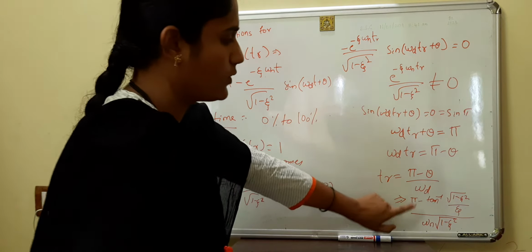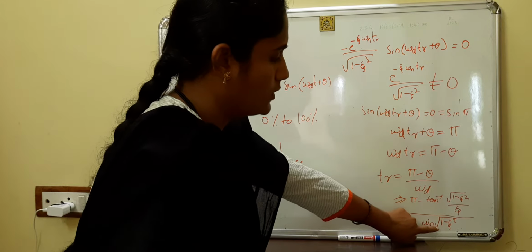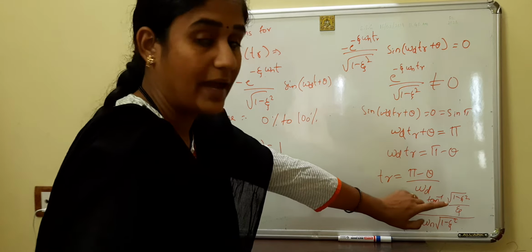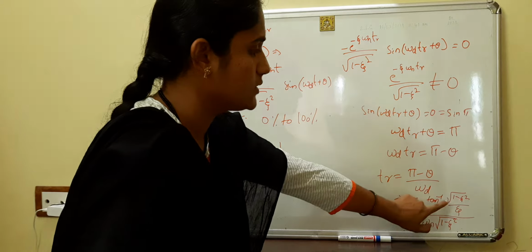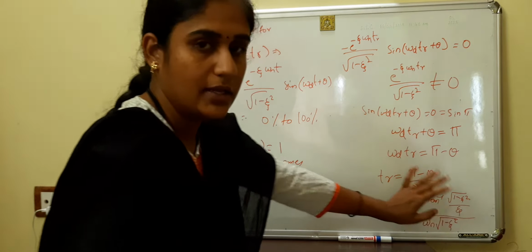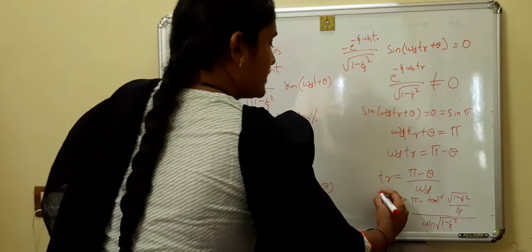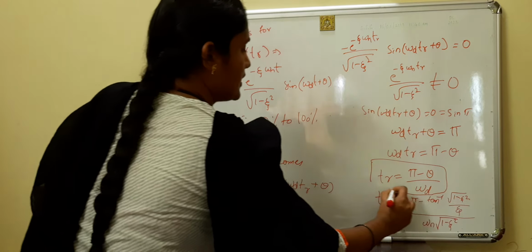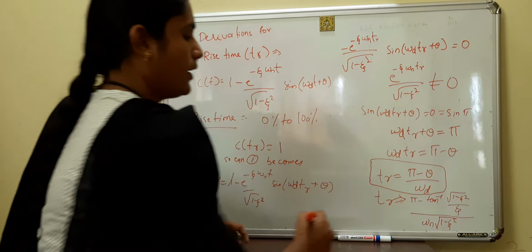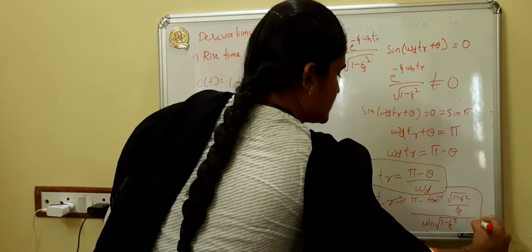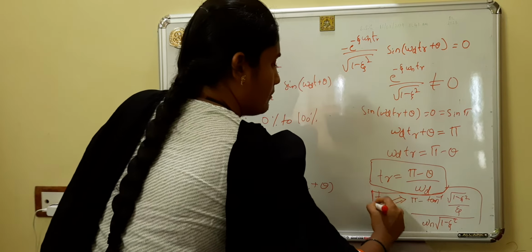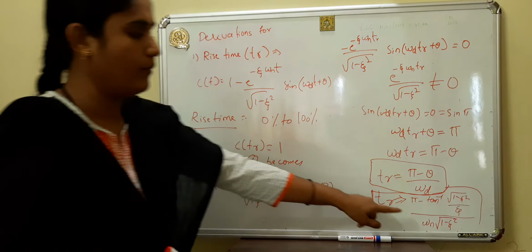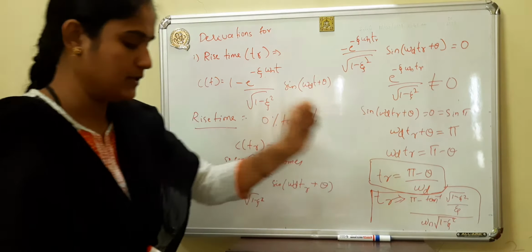So the rise time equation is tr equals pi minus tan inverse of square root of 1 minus zeta square divided by zeta, all divided by omega n square root of 1 minus zeta square.